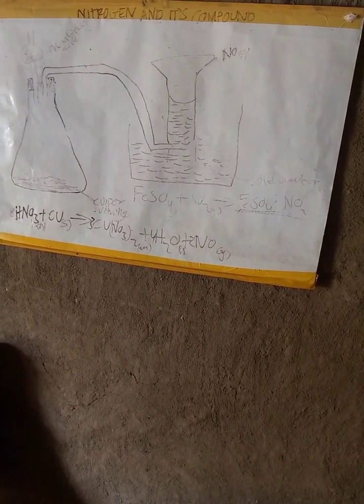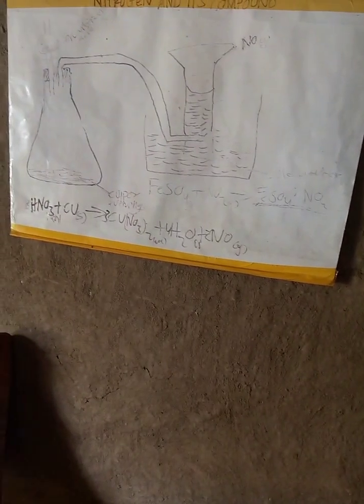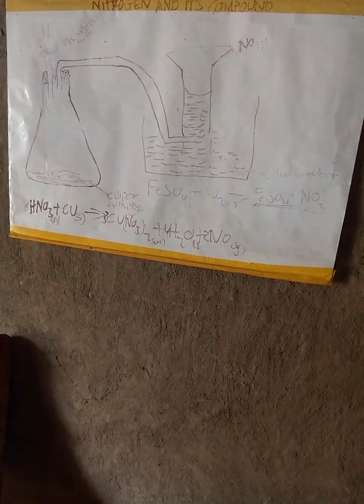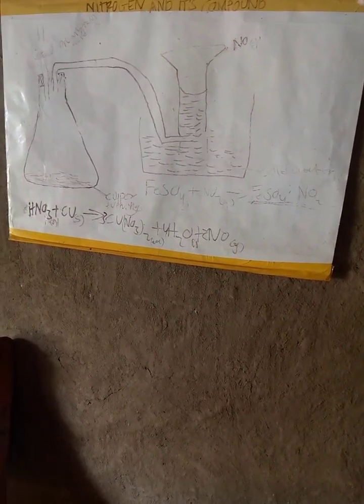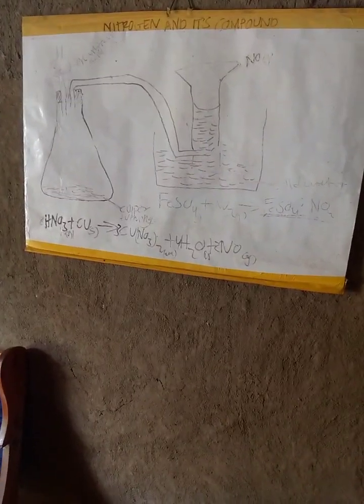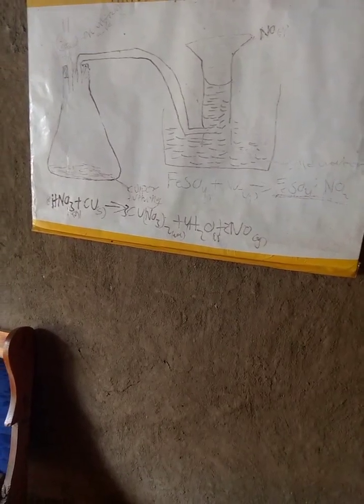When exposed to air, nitrogen 2 oxide is readily oxidized by oxygen to form a red-brown fume of nitrogen 4 oxide.